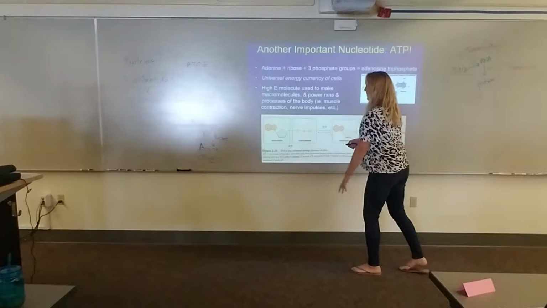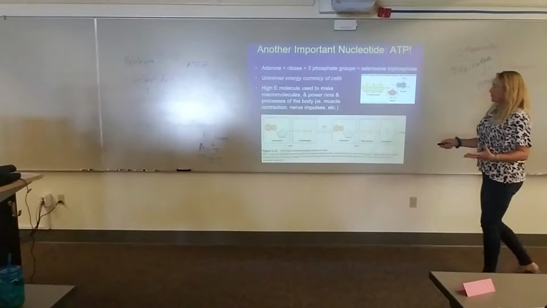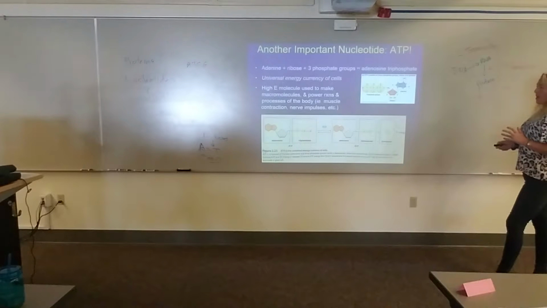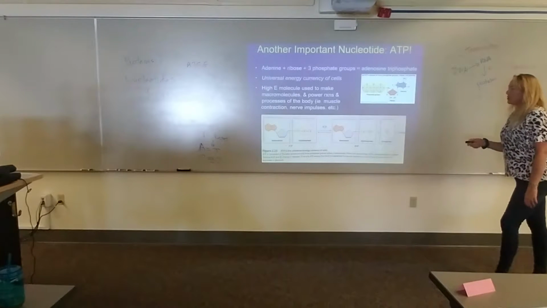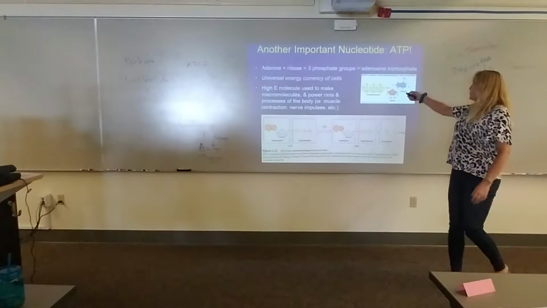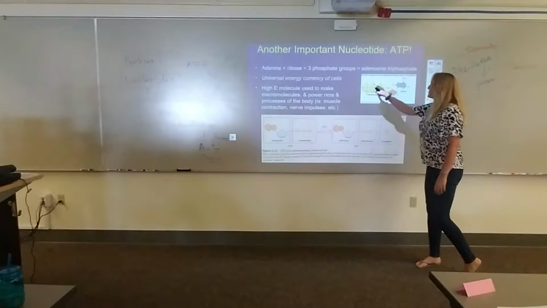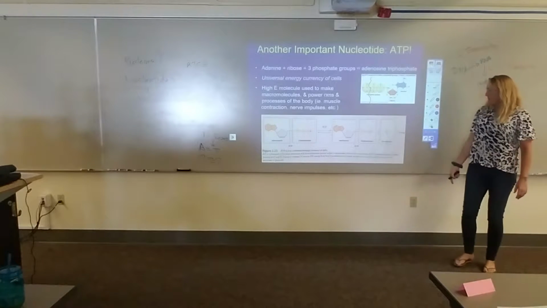So basically, you've got the adenosine with the triphosphate group. What you can do is with water, you can break off that terminal phosphate. And in doing this, it is a high energy chemical bond. So when you break off this third from the second phosphate right here, it provides energy.